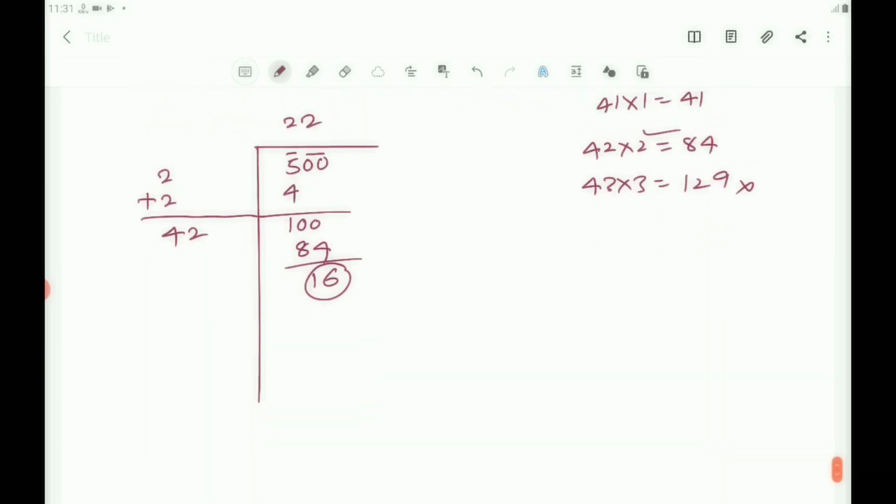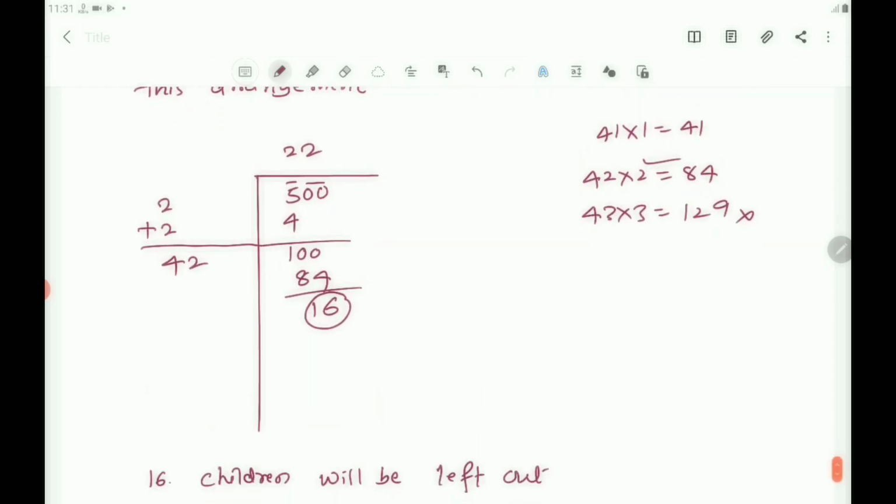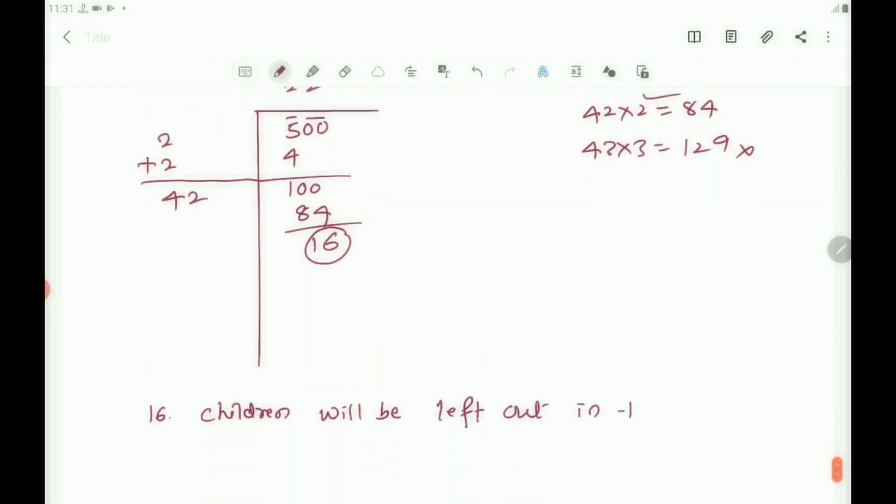So you write: 16 children will be left out in this arrangement.